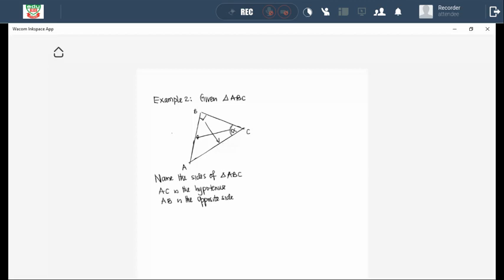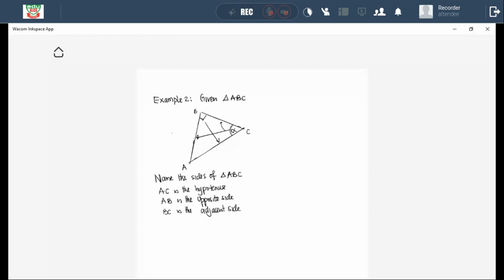Now from there, BC is the side which is next to the reference angle. So I can come and say BC is the adjacent side. Okay, right.